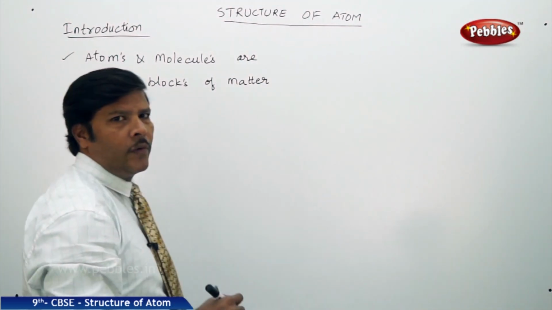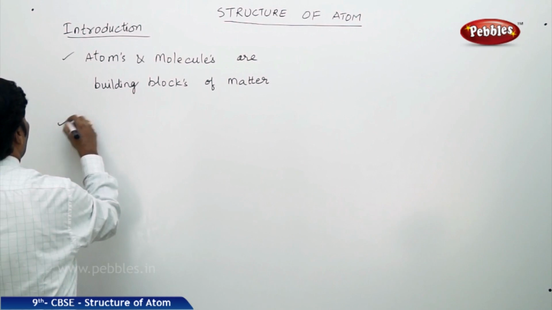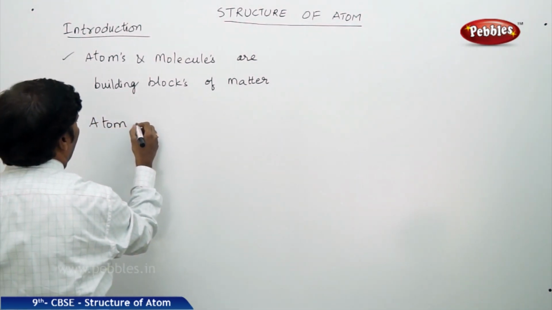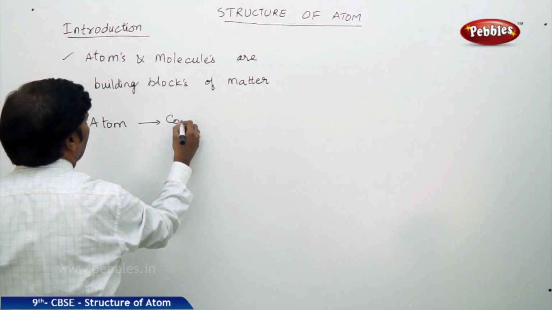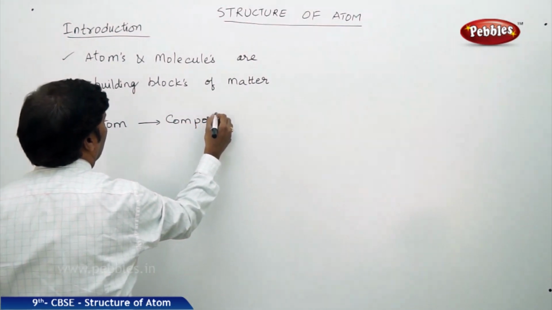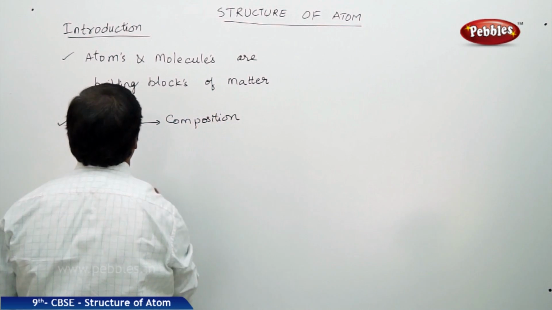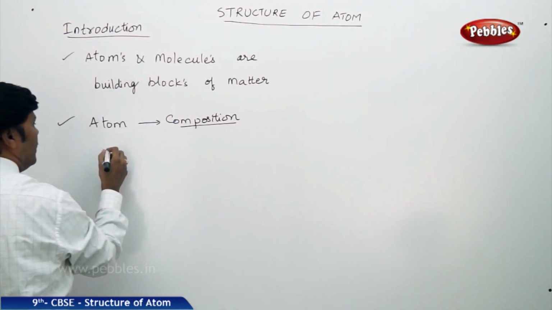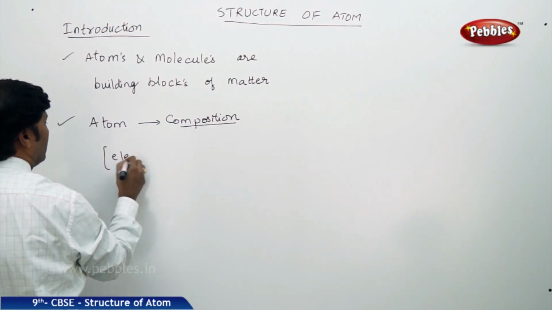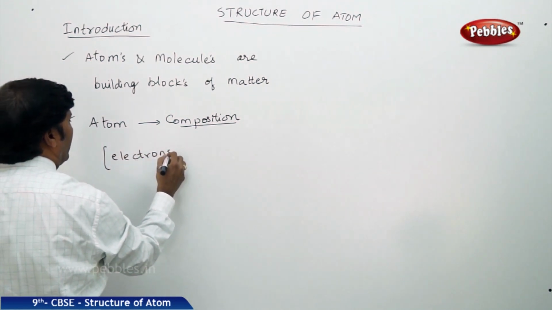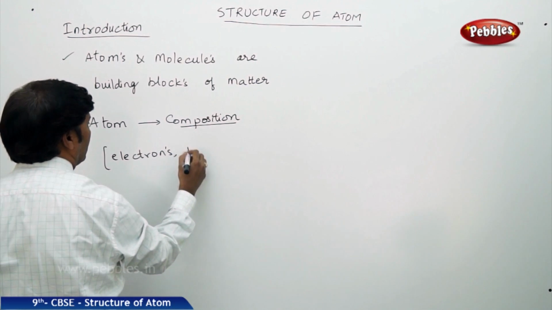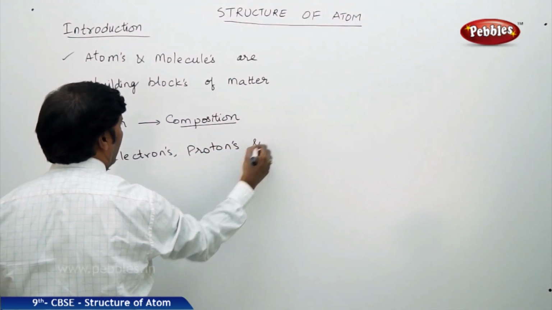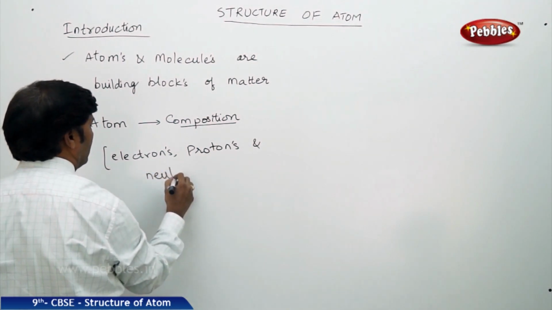And if you go particularly to the atom and speak about its composition, when you are saying composition of atom, it is mainly made up of electrons, protons, and neutrons.